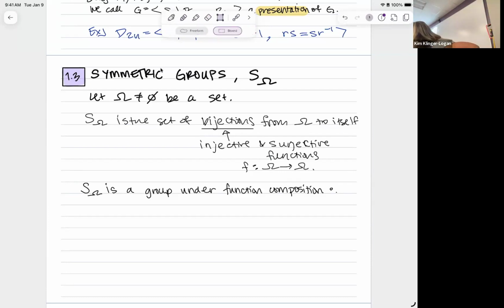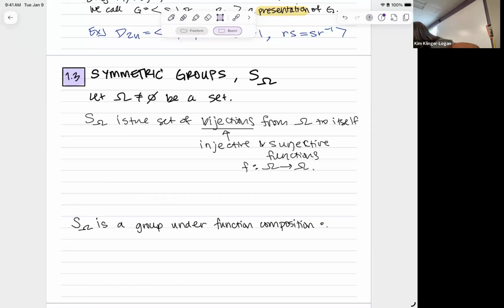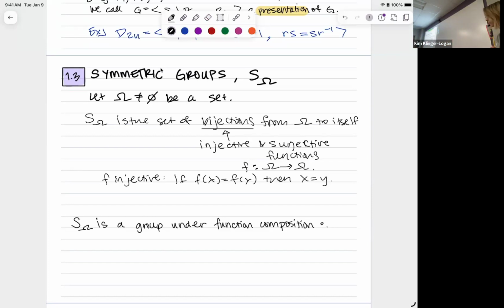Okay, so as a nice little reminder, for a function to be injective means that if your outputs are the same, your inputs had to be the same too, right?